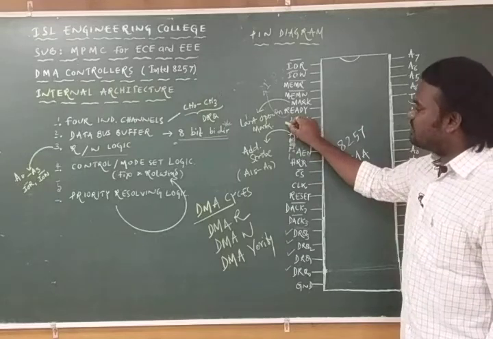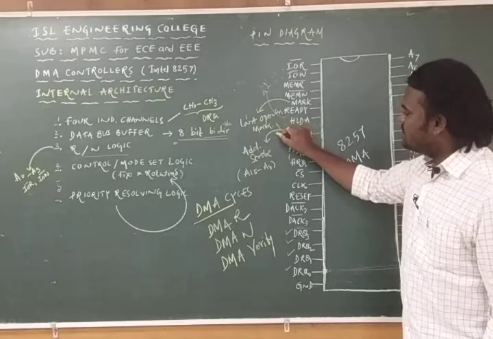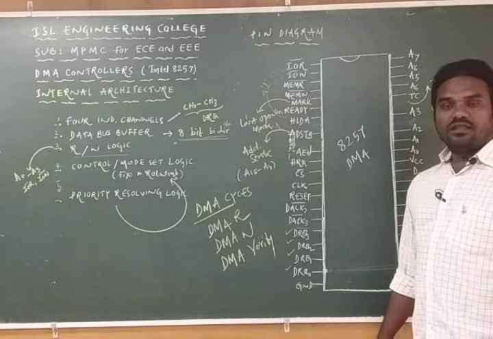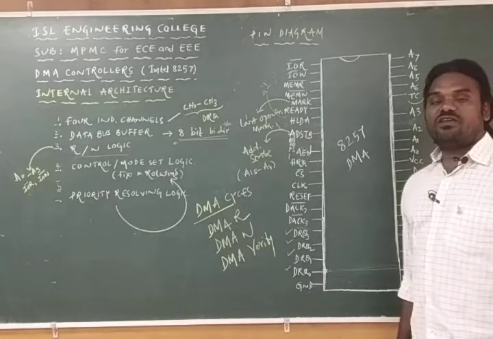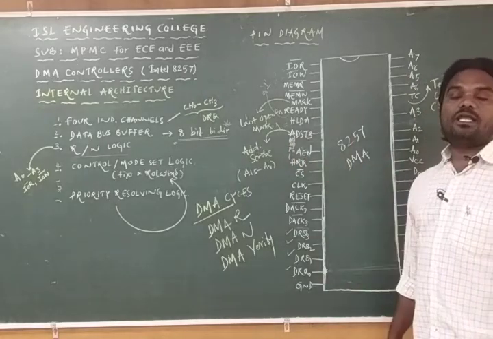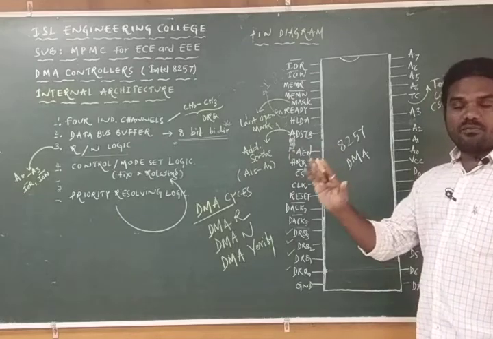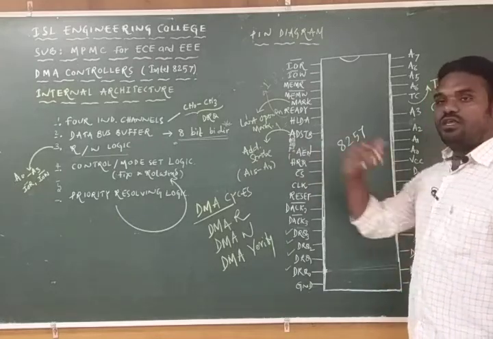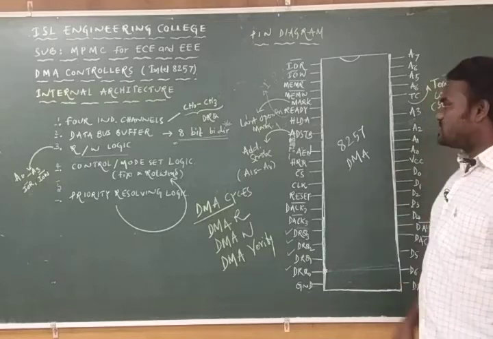It is an active high signal, so whenever it indicates 1, the 8257 understands that the current operation is paused, so that we can borrow the system bus of the 8086 microprocessor.